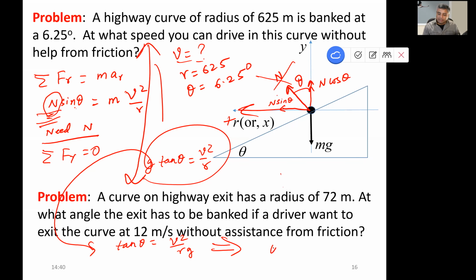This means theta is... so what angle are we getting?